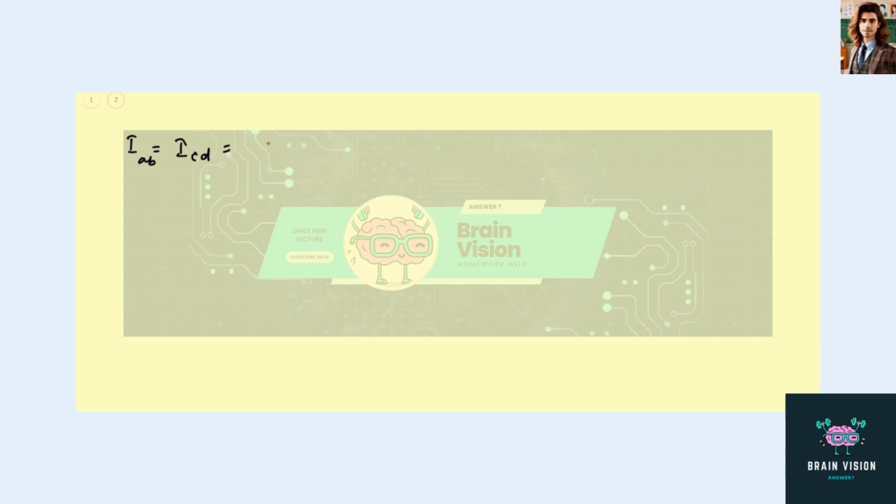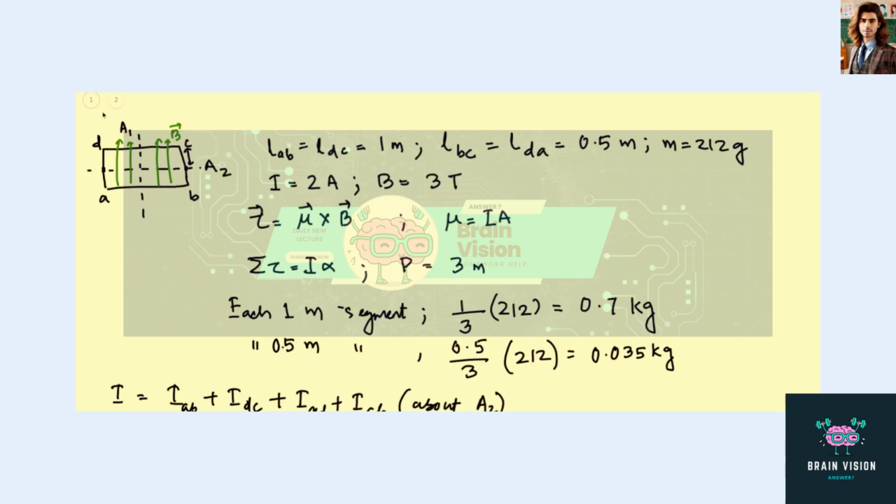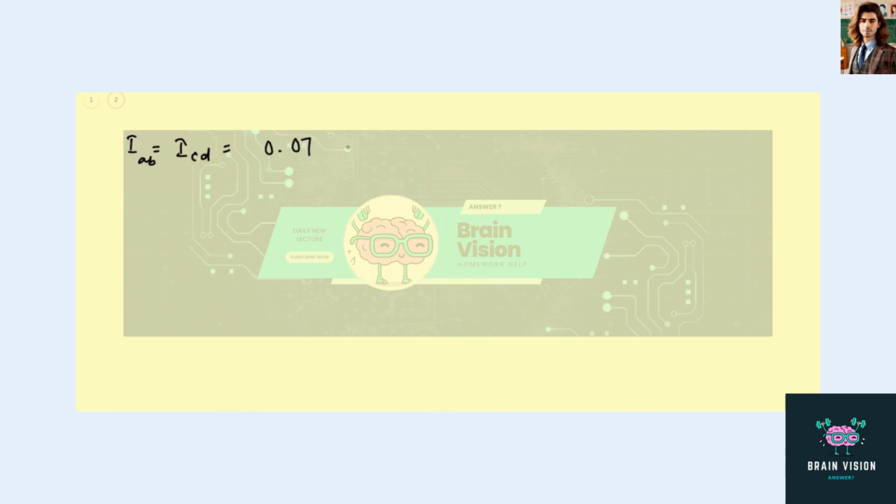So this is actually 0.07. Sorry for the calculation mistake. We plug those values in here. The moment of inertia is basically mr square, so that's what we are doing here. Okay, let's just leave it like that.